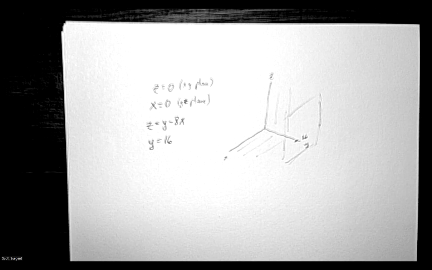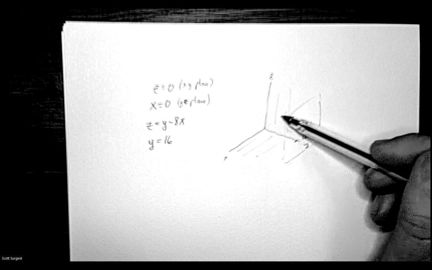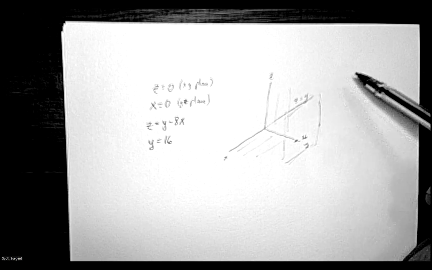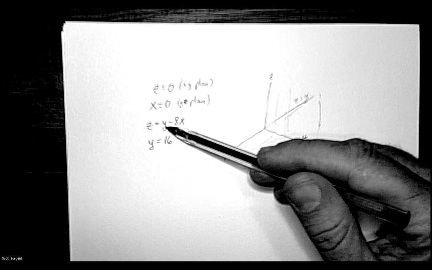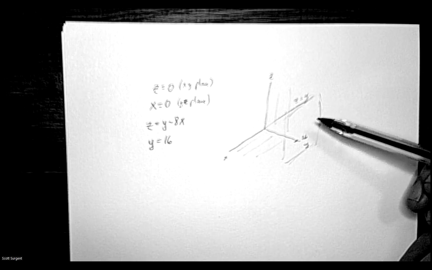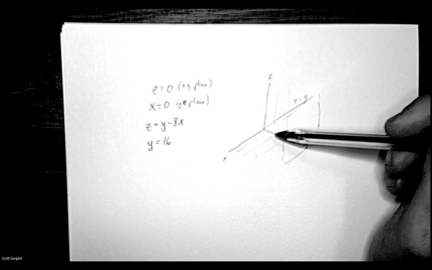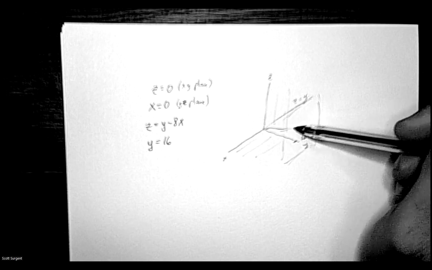If x is zero, z is equal to y, so we have basically a 45-degree line on the yz plane. And if y is zero, z is negative 8x, and that gets a little interesting to see here.